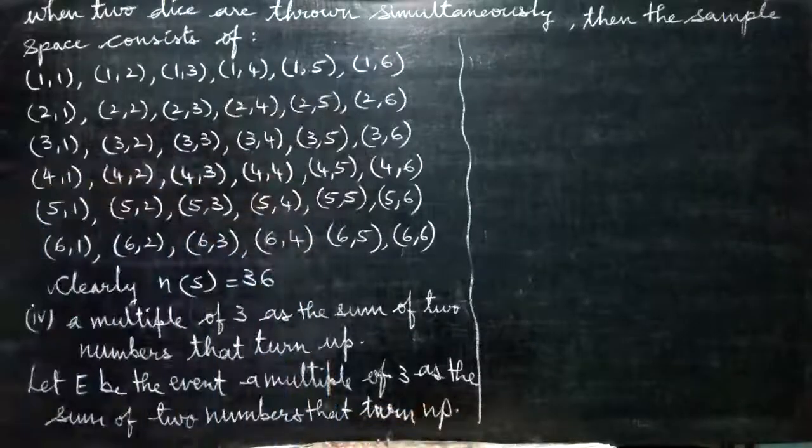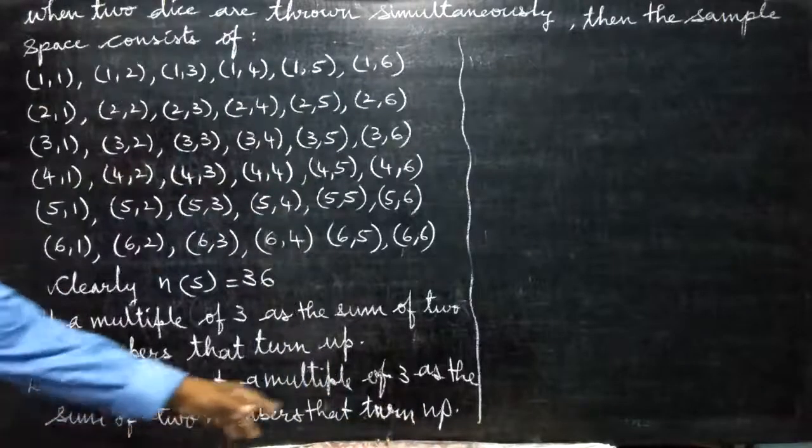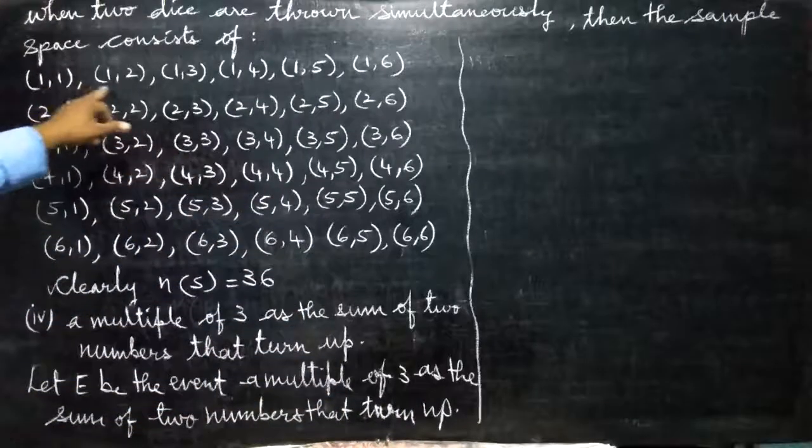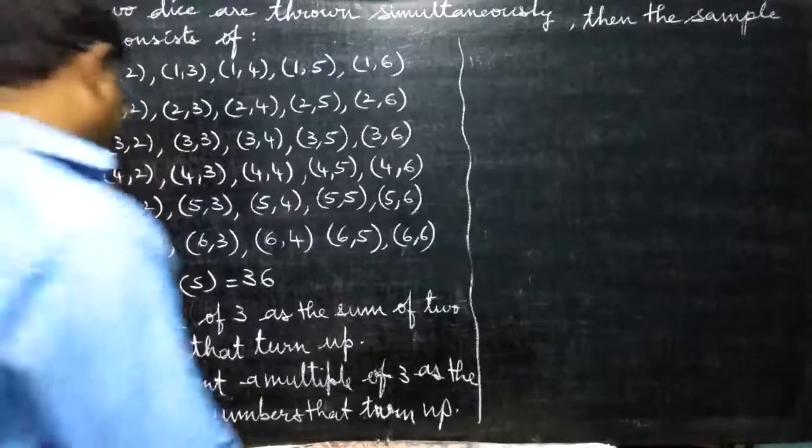Write clearly. When we add these two numbers, when they turn up, the sum should be a multiple of 3.